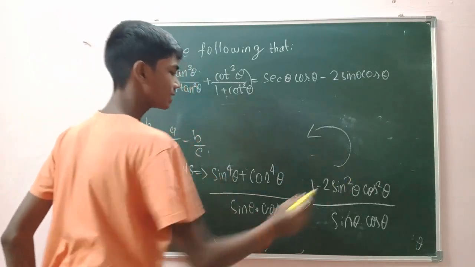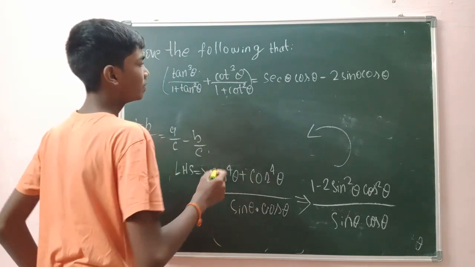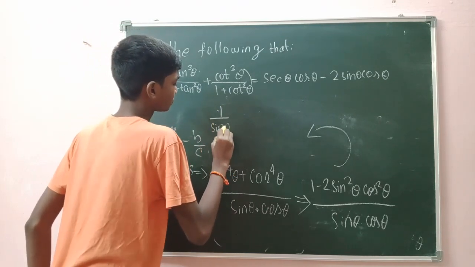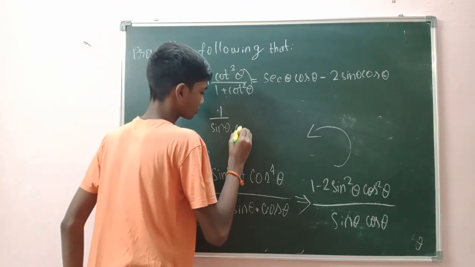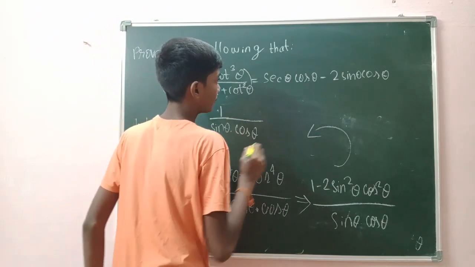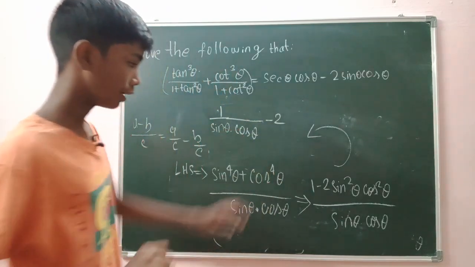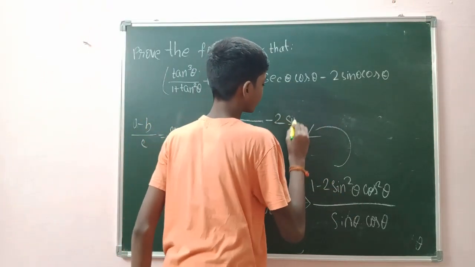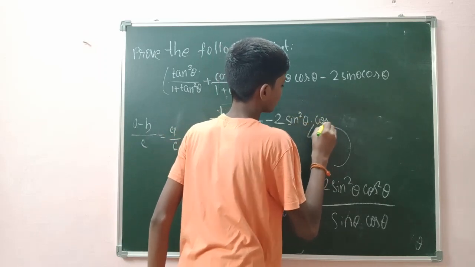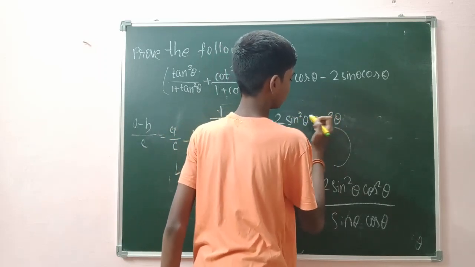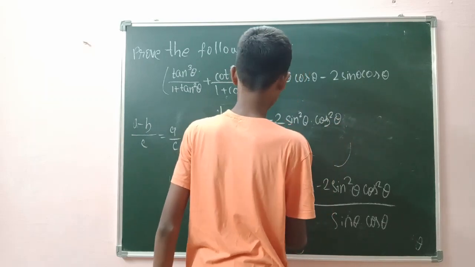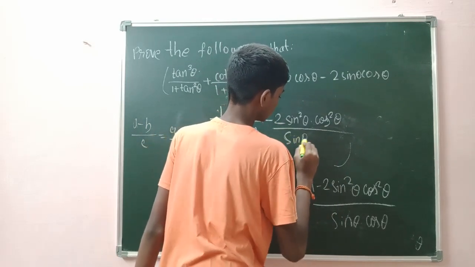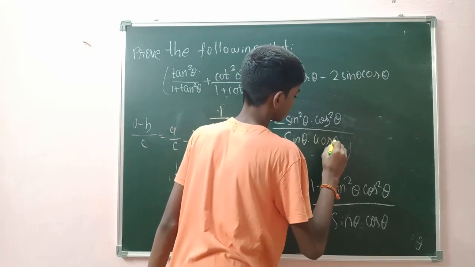So therefore I can write this as 1 by sin theta cos theta minus 2 times sin square theta cos square theta divided by sin theta cos theta.